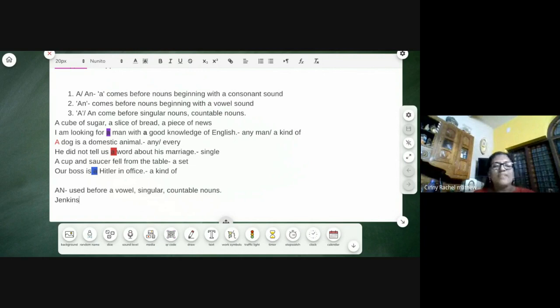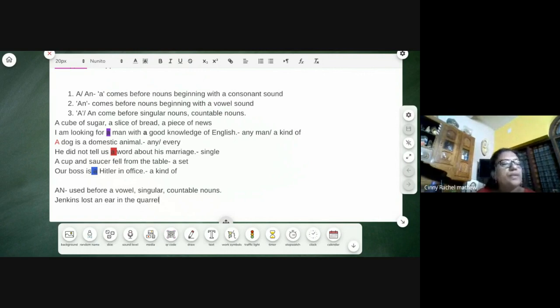Jenkins. See, I've used examples from the text itself so that it will be familiar to you. Jenkins lost an ear in the quarrel. Now, there is another sentence which has almost the same pronunciation.